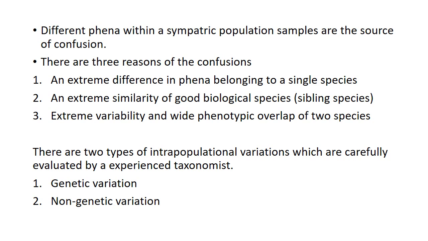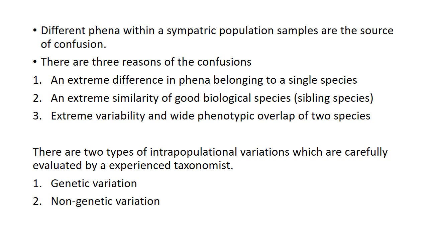Different fauna within sympatric population samples are the source of confusion. There are three reasons for the confusion. Number one, an extreme difference in fauna belonging to a single species. Number two, an extreme similarity of good biological species, that is sibling species. And number three, an extreme variability and wide phenotypic overlap of two species.